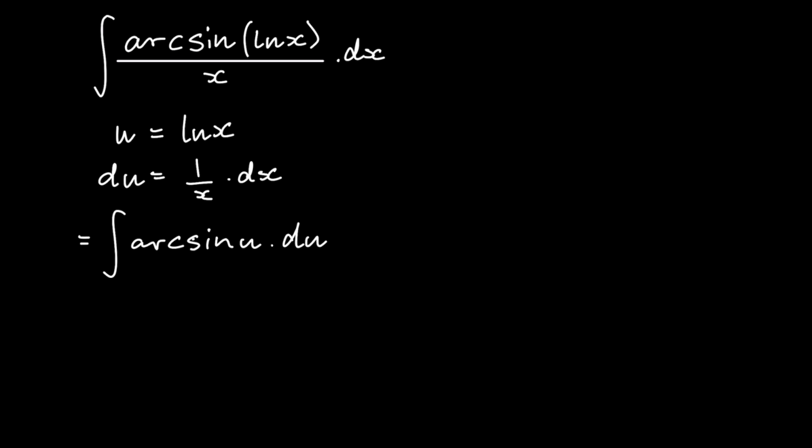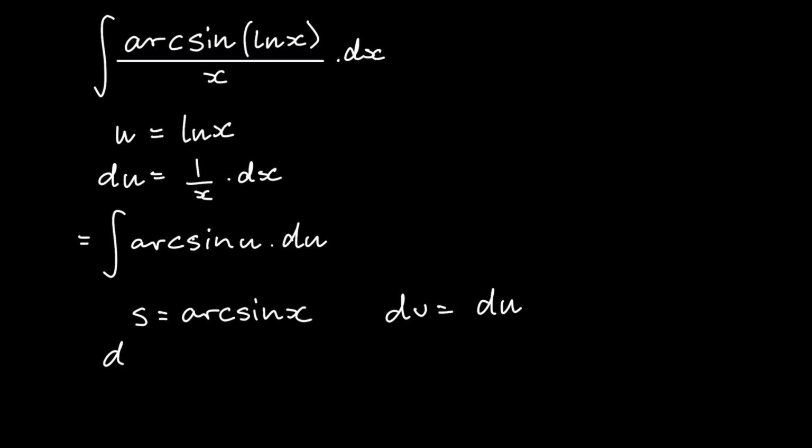Alright, now we need integration by parts to integrate this integral. We say now s is equal to the part that's going to be easy to differentiate, which is going to be arc sine of u. And then we'll have dv being the part that's easy to integrate, which is just going to be du.